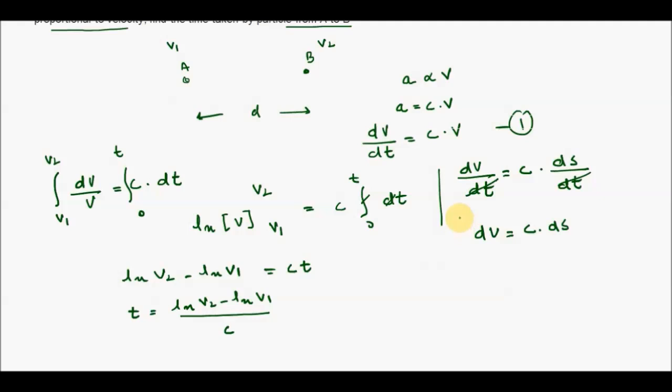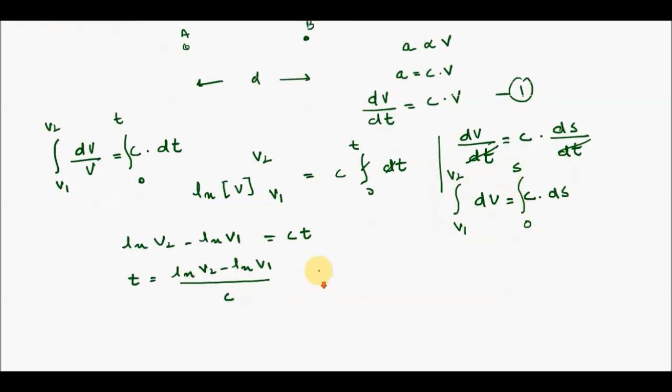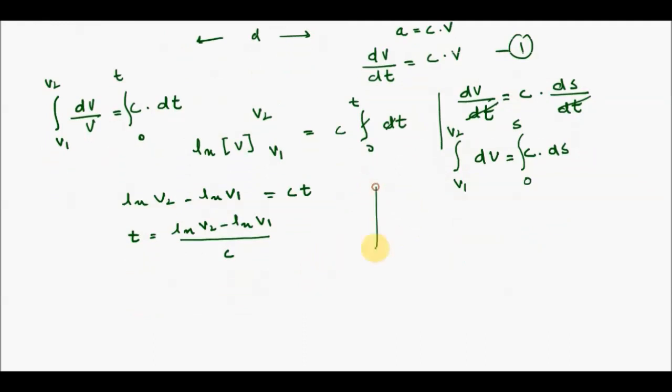Now I'll again integrate the left hand side from v1 to v2, and I'll integrate the right hand side from simply 0 to s, right? So what I'll be left with is this, and this will cancel out and v will be under the limits from v1 to v2, and c will be taken out from the integration and you have to integrate simply ds.